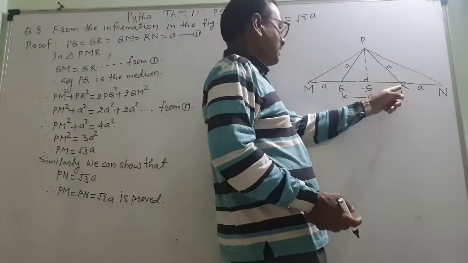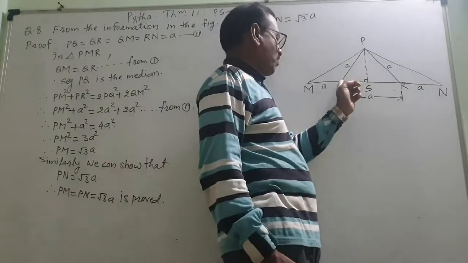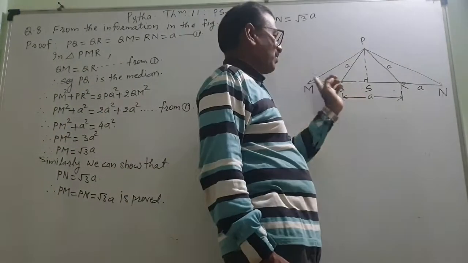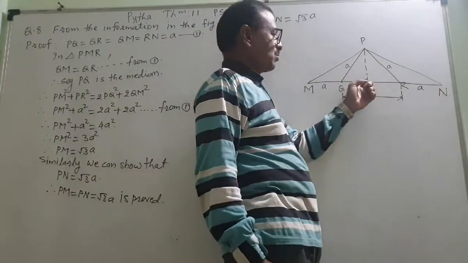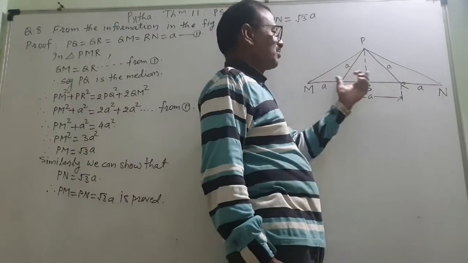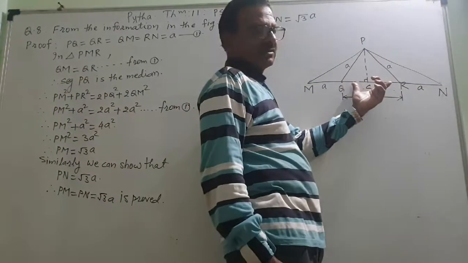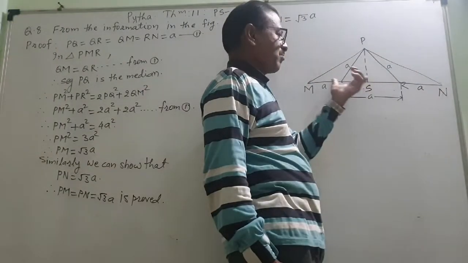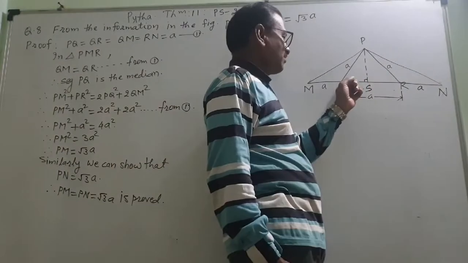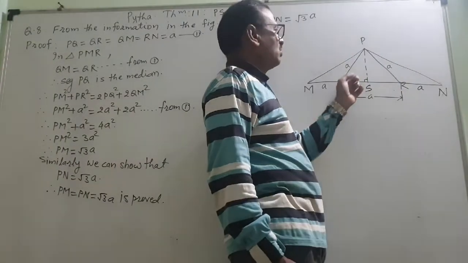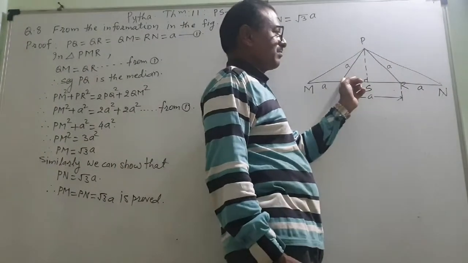For this triangle, consider this point Q. From Q to M is A. Q to R is also A. Don't judge by the distance because this is a rough figure. The distances are less or more. So QM is equal to QR. That means Q is the midpoint. So PQ is the median.